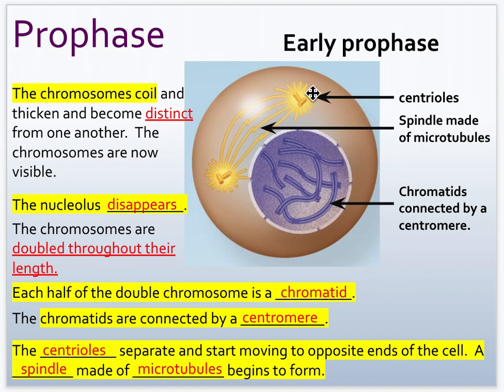And the centrioles start to move. These are the guys that are going to rip the chromosomes apart once they're all nicely coiled up. They move to opposite sides of the cell and start to grow spindles, which are basically microtubules that are just going to rip the chromosomes apart.